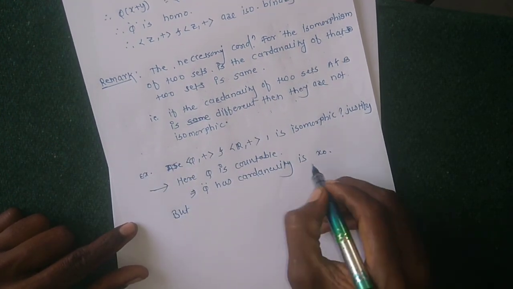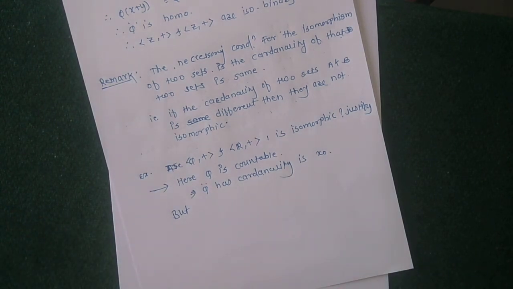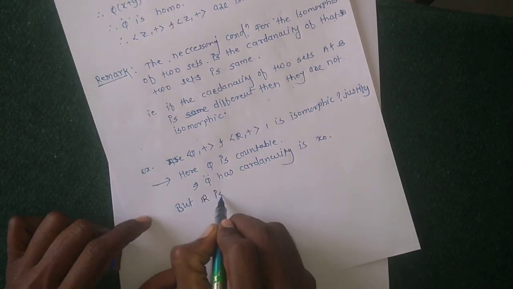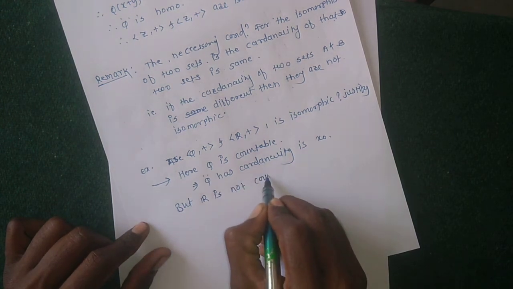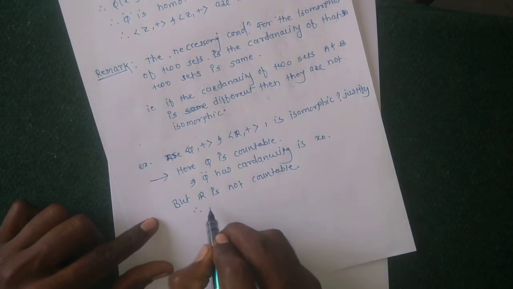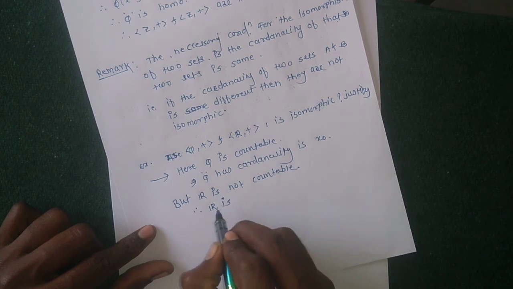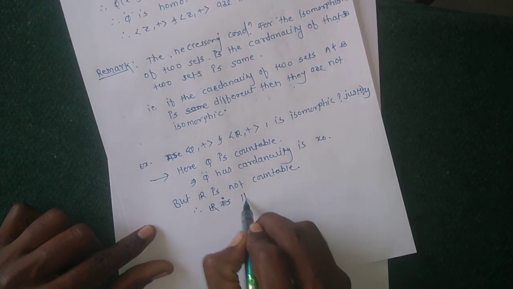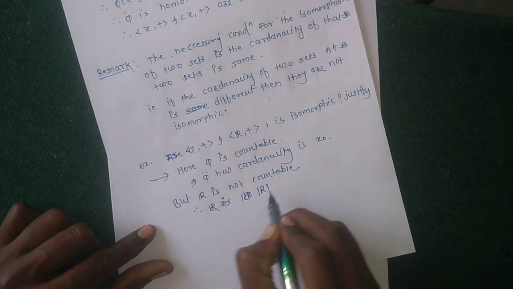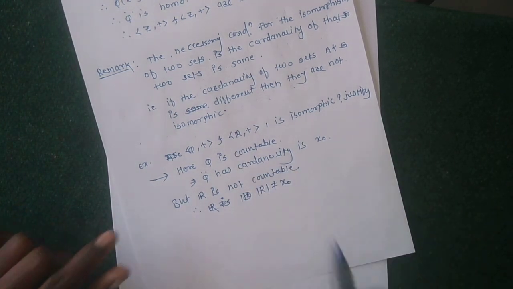But the set of real numbers R is not countable. Therefore the cardinality of R is not equal to aleph naught, which means their cardinality is not the same.